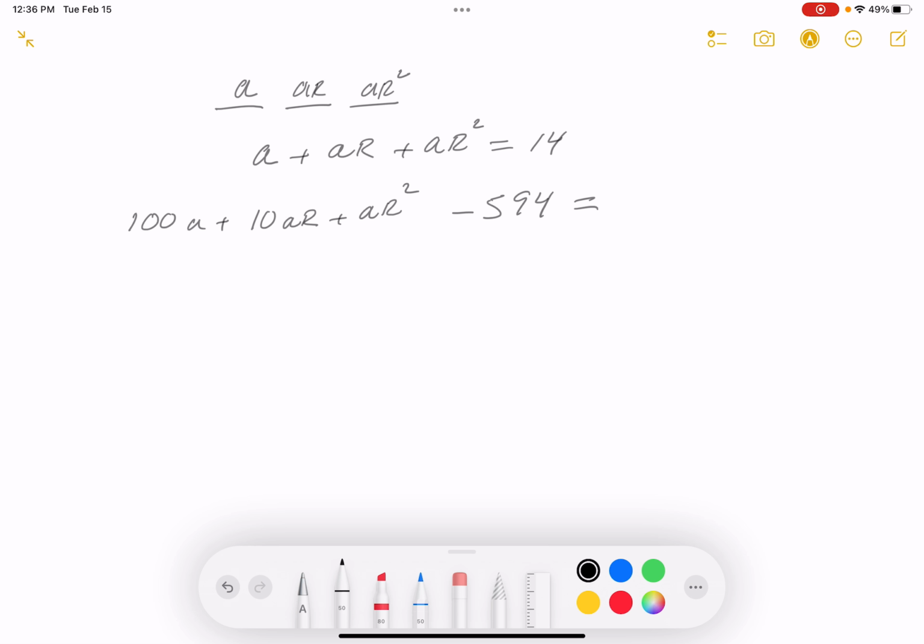What does that mean? 100AR squared plus 10AR plus A. All right, I got trouble. I got 2 equations, 2 unknowns, but I got some help over here. I know that A, AR, and AR squared are integers, right? I also know that this number here is bigger than that number over there by 594.